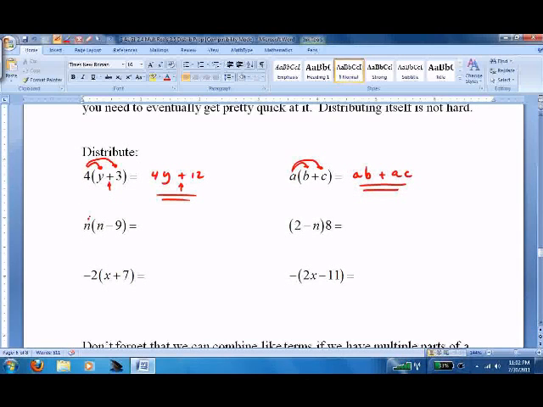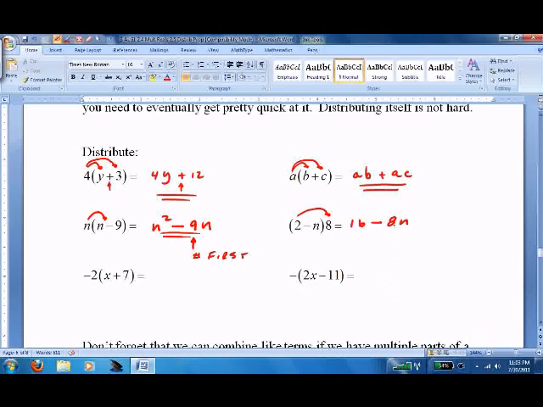And life gets a little more challenging. N times N is N squared. Positive times a negative is a negative, so we get negative 9N. Notice I wrote the 9 first. Number always goes first. 2 times 8 is 16, minus 8 times n is 8n.